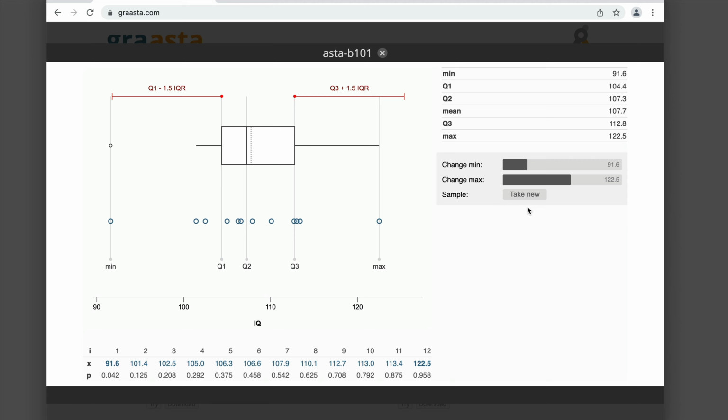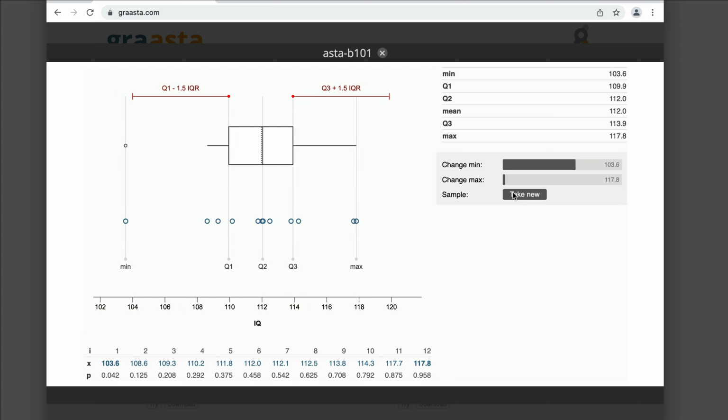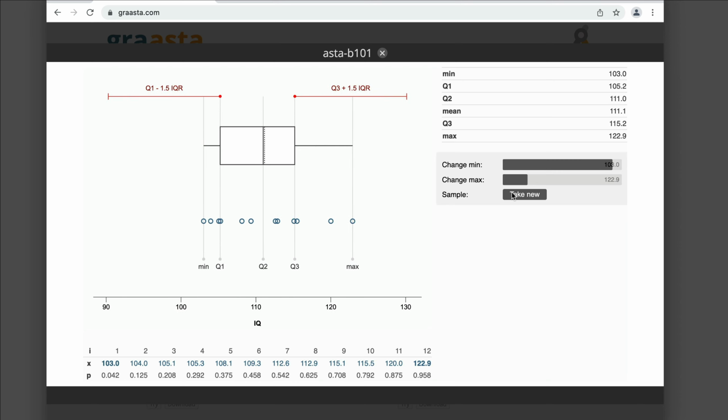And then you can see that every time I take a new sample, although this sample is taken from the same population, so it means that statistically all these samples should be similar, you can see a very different picture. Look how different the box plots are when you take a new sample from the same population. Also, it's a random sample, so it's very good sampling here. Okay.